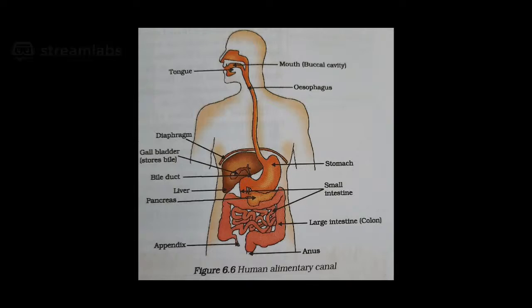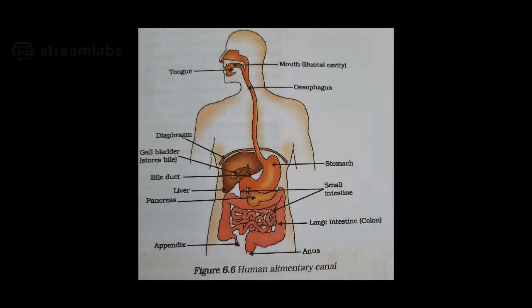The gastric gland secretes gastric juice which contains HCl, hydrochloric acid. This hydrochloric acid kills the germs which enter along with the food.